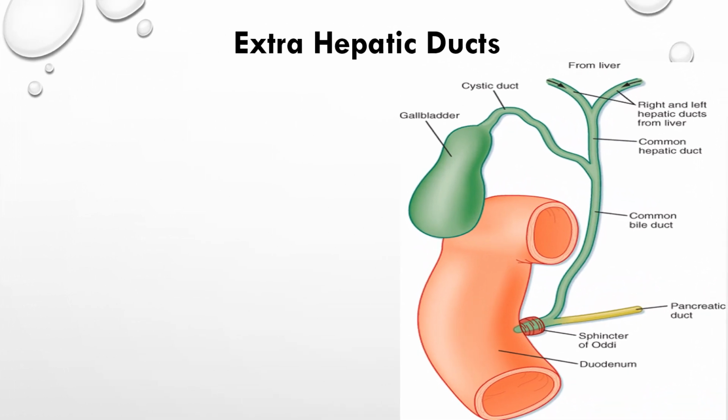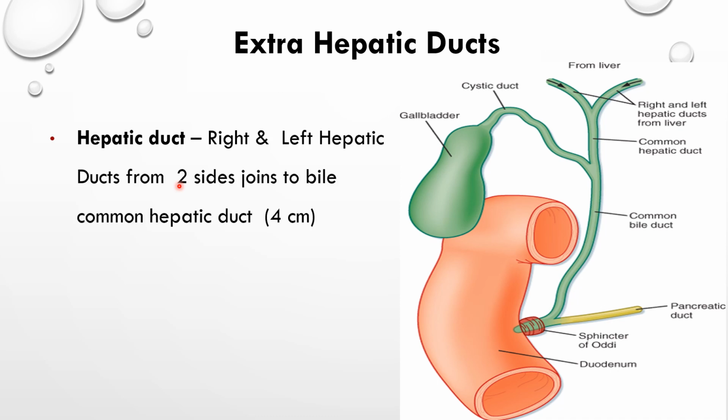The ducts which are outside the liver are called the extrahepatic ducts. There are two hepatic ducts, the right and the left hepatic duct from the liver. From the two sides of the liver, they join to form the common hepatic duct.